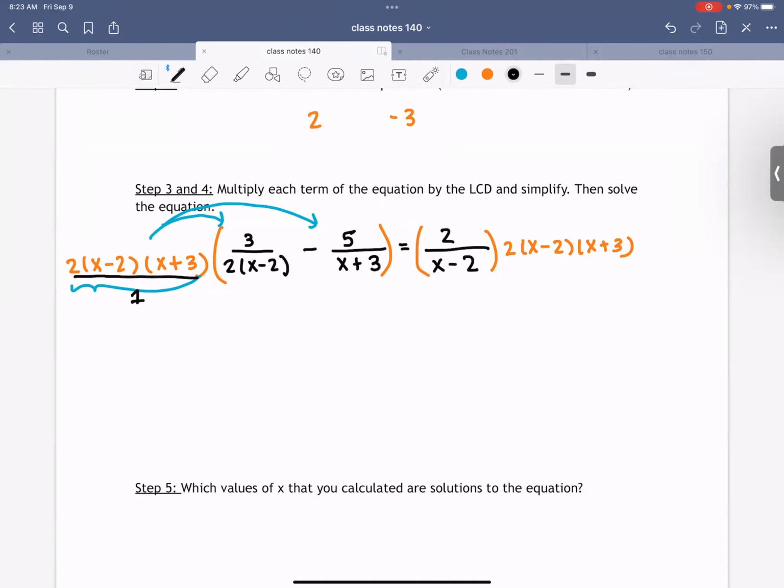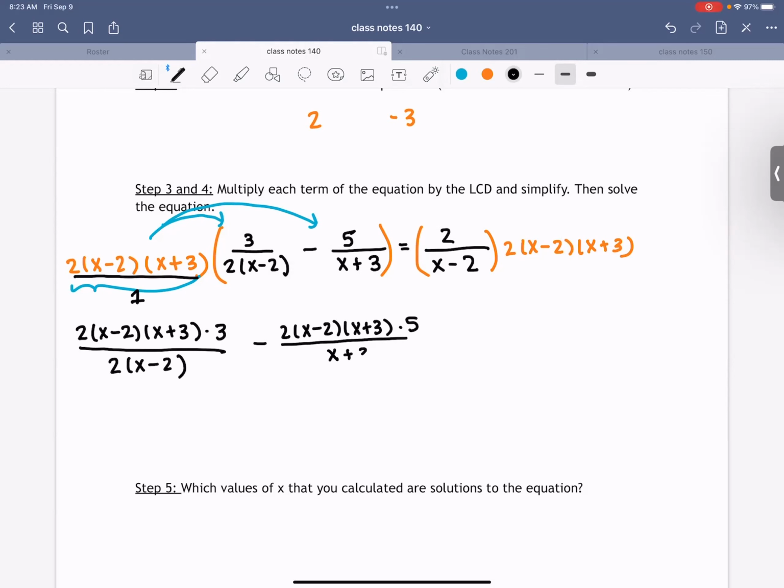And this might make more sense when I actually do it, okay? So when I'm multiplying by the first term, I'm going to get 2 times x minus 2 times x plus 3 times 3, all over 2 times x minus 2. Okay, so that's just multiplying by the first term. I'm subtracting off 2 times x minus 2 times x plus 3 times 5 over x plus 3.